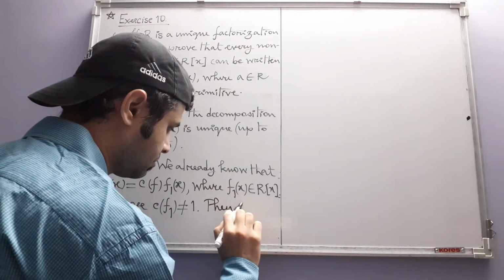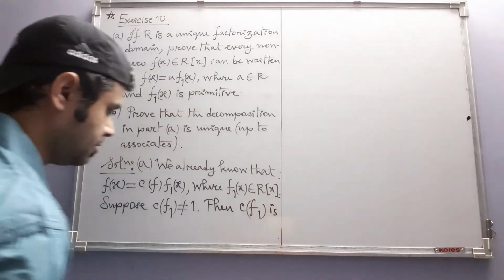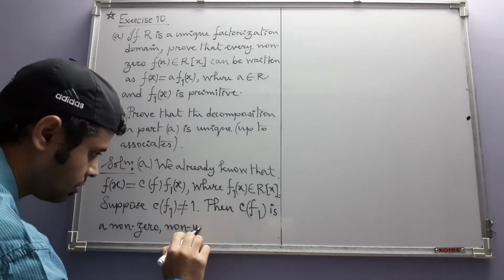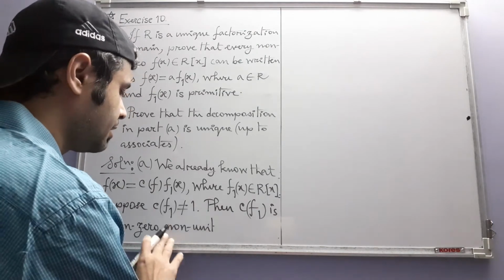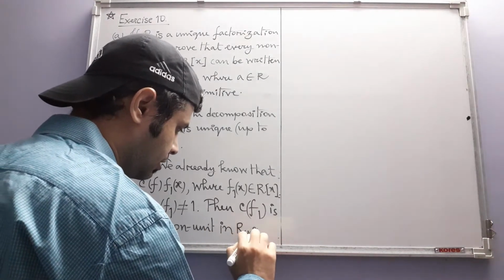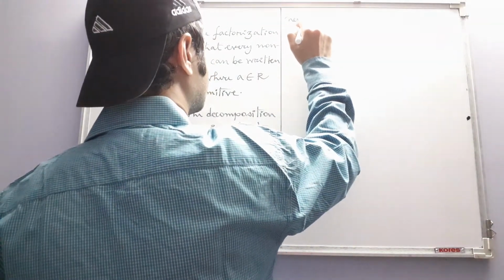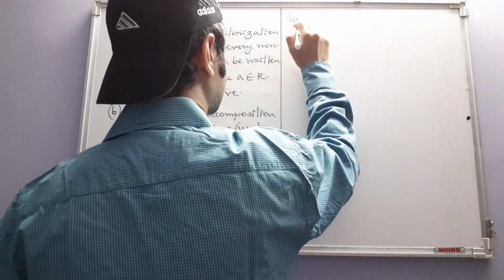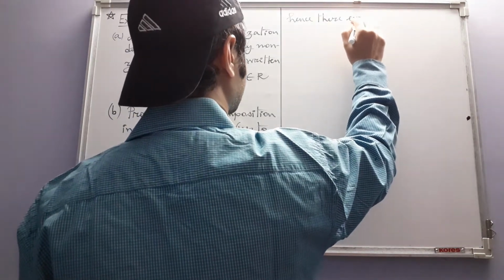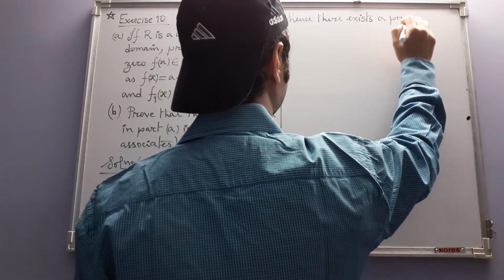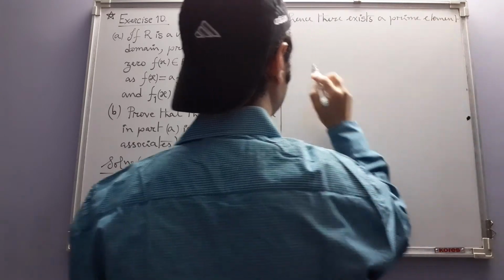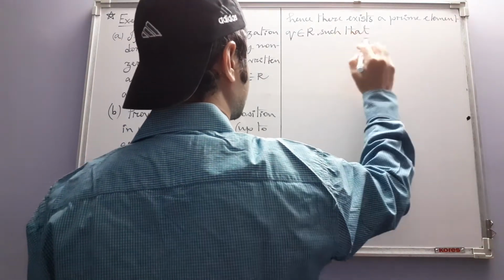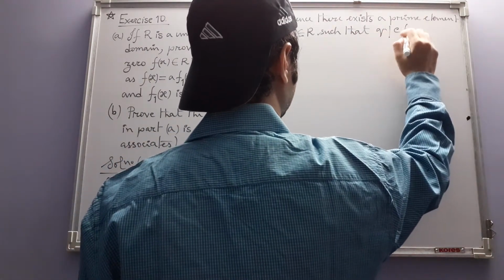Then c(f1) is a non-zero, non-unit in R, and hence there exists a prime element q in R such that q divides c(f1).